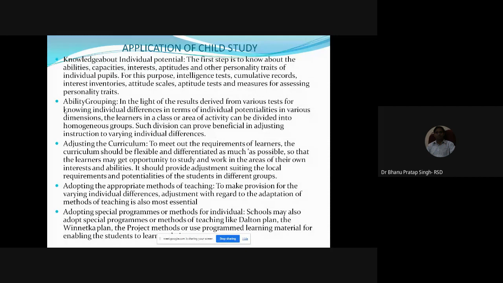Even a teacher may use the project method, and even kinds of trips, kinds of field work. These methods or these activities may be added as per the need of the child, and that need of the child comes through the study of the child.